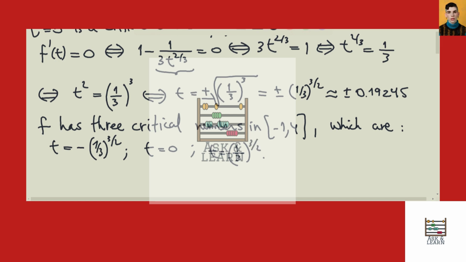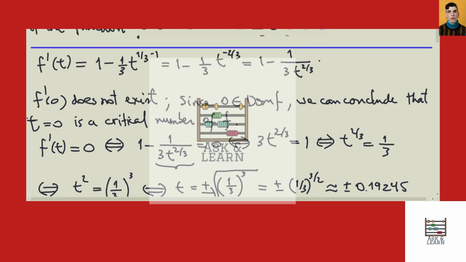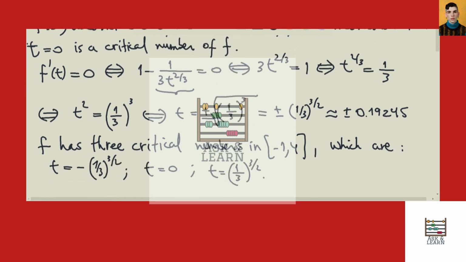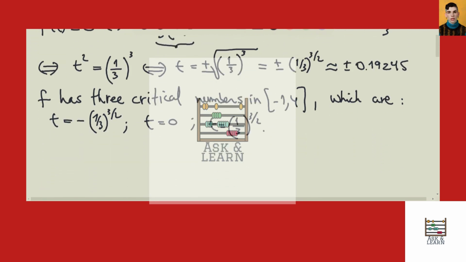Those are the three critical numbers of f in the interval negative 1, 4. And now we've got to evaluate the function at those critical numbers and at the endpoints of the interval negative 1, 4.